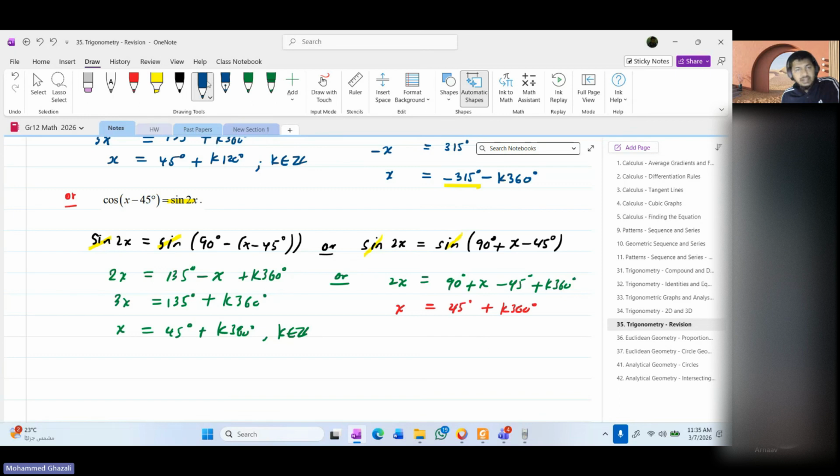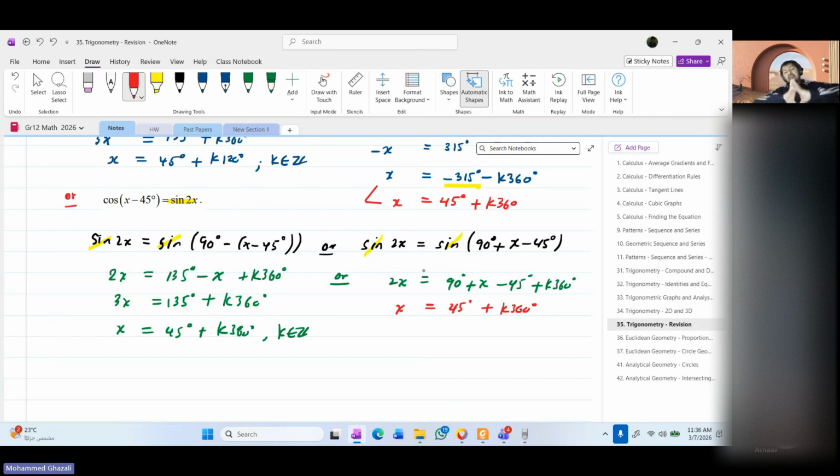And using coterminal angles, I can prove that negative 315 is the same thing as saying 45. And the negative and the positive in front of the K doesn't matter because K is an element of integers, right? Especially when you're multiplying by 360, so you can say K 360. So I can convert this into a positive. No need to convert here, it's fine. So you can see the answers are equivalent.